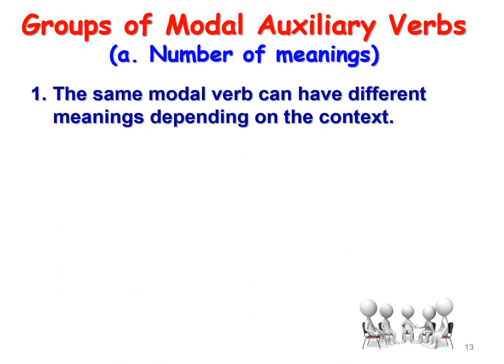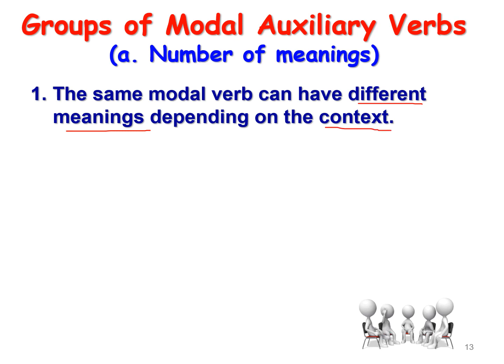Okay, so here, number of meanings. The same modal verb can have different meanings depending on the context. We can say they may have different meanings just based on the context.